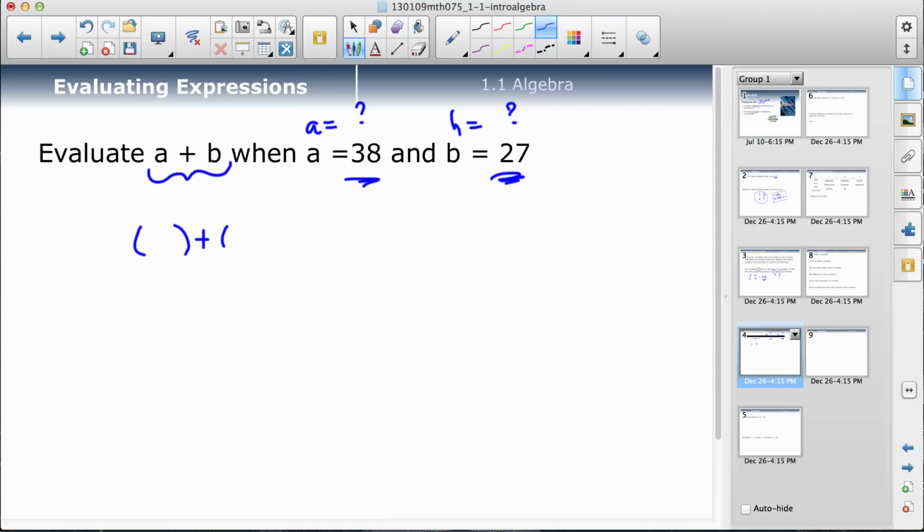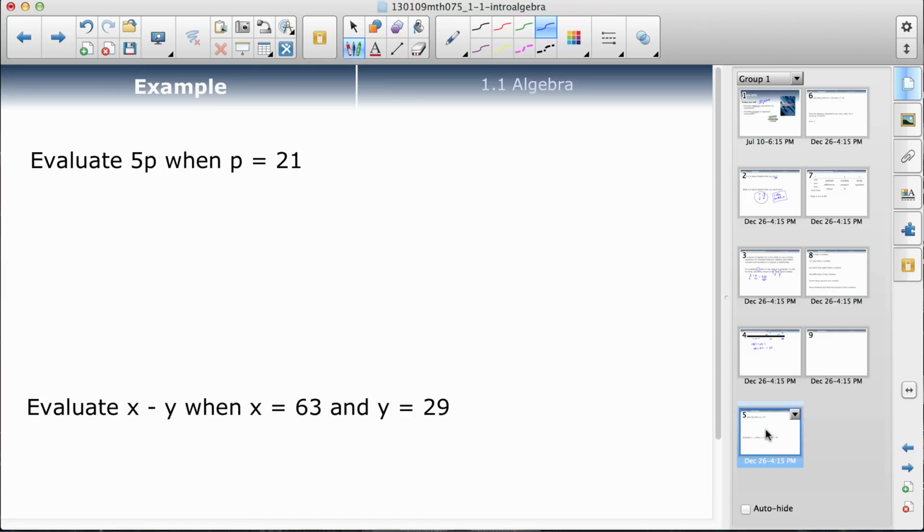Plus, where the b is, I put another bracket. And then I substitute what a is. A is 38 and b is 27. In this particular case, it was probably easier just to write in the numbers and add them together. But you find that putting brackets in will help you immensely, especially when you get into integers, and it'll lessen the number of mistakes that you make.